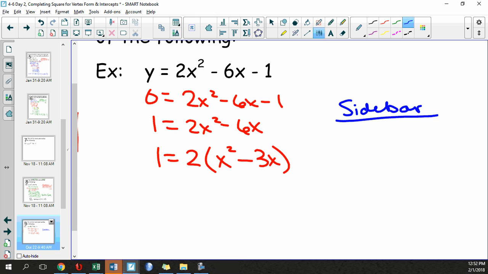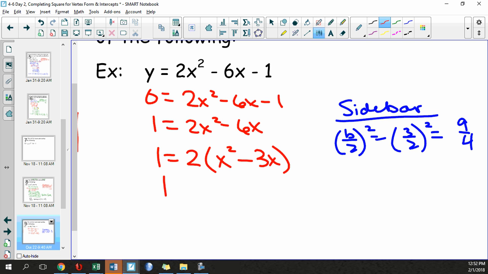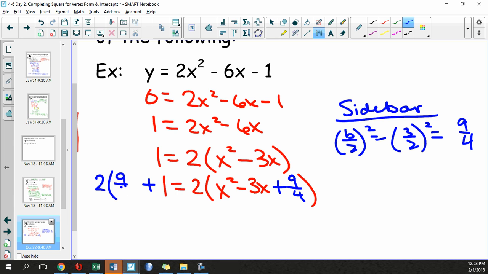So if I'm doing sidebar, I'm going to have b divided by 2 squared, which is 3 divided by 2 squared, gives me 9 over 4. Where does that go? Added on both sides, but inside of my parenthesis, which means what am I actually adding on the left-hand side? 2 times 9 over 4.